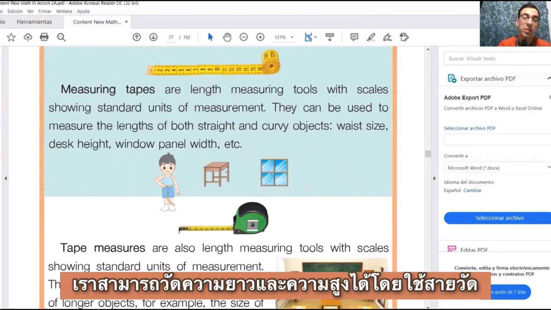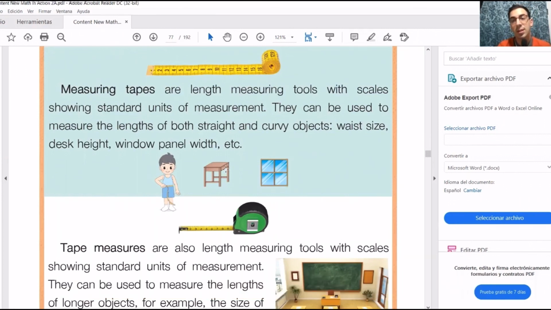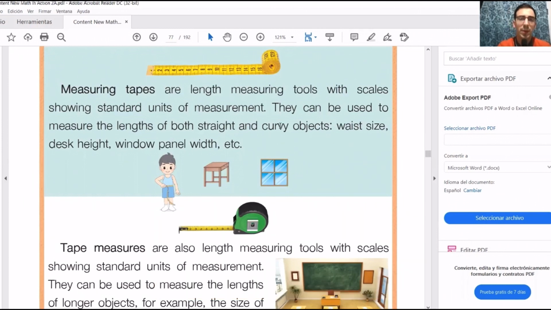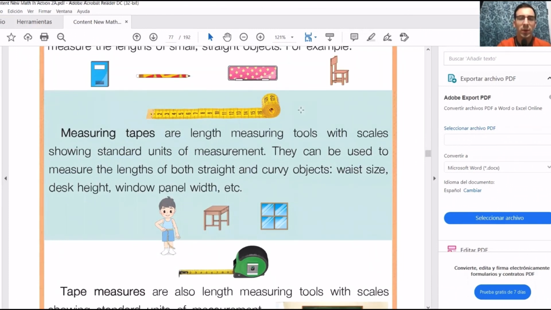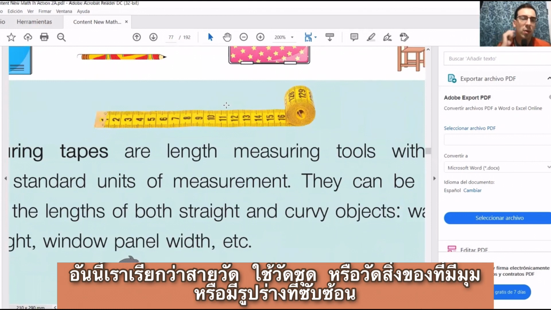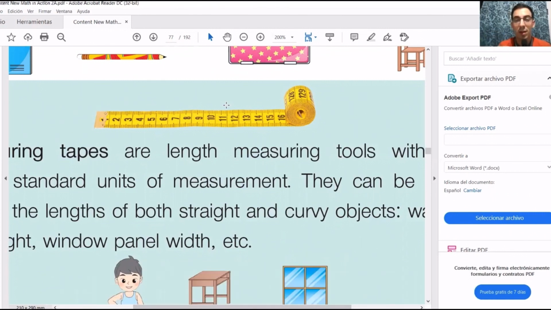After that, we have tapes. We can measure the length or the height using tapes. We have two different tapes. Maybe you have seen this one somewhere. We normally use it for clothes or for something really difficult, because it has many angles or is just a complex shape that needs a lot of flexibility to measure.